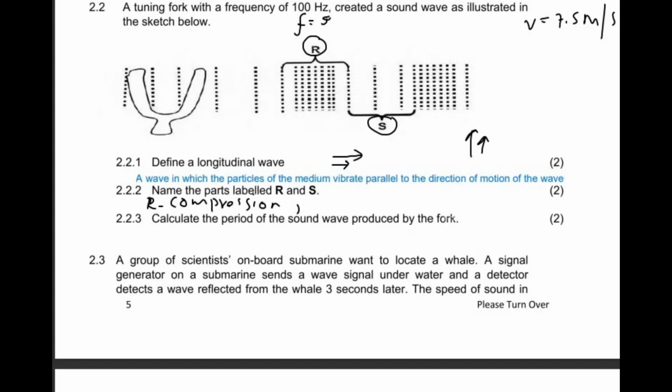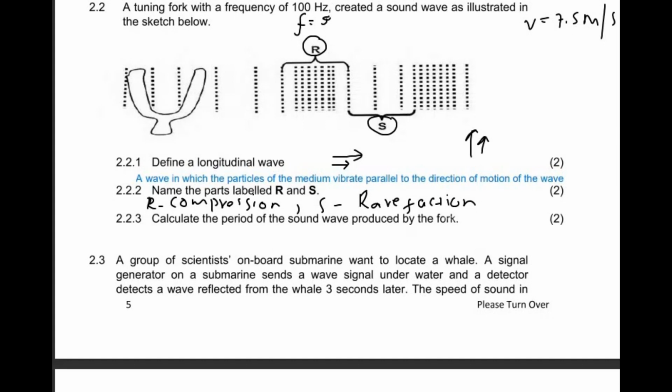And where the particles are not close to each other, it's low pressure, and we call that the rarefaction. I hope this is the right spelling. It's important for you to know those, to be able to label and identify a rarefaction and a compression when given a diagram of a longitudinal wave, as has been done here.